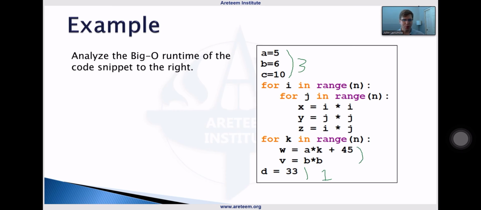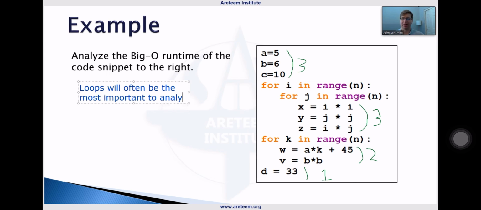Now we have these 2 steps in this loop, and we have these 3 steps in this loop. One of the things you want to be careful with, the main thing you want to think about, is loops. Loops will often be the most important to analyze in these examples, so when you're thinking about these things, look at the loops.